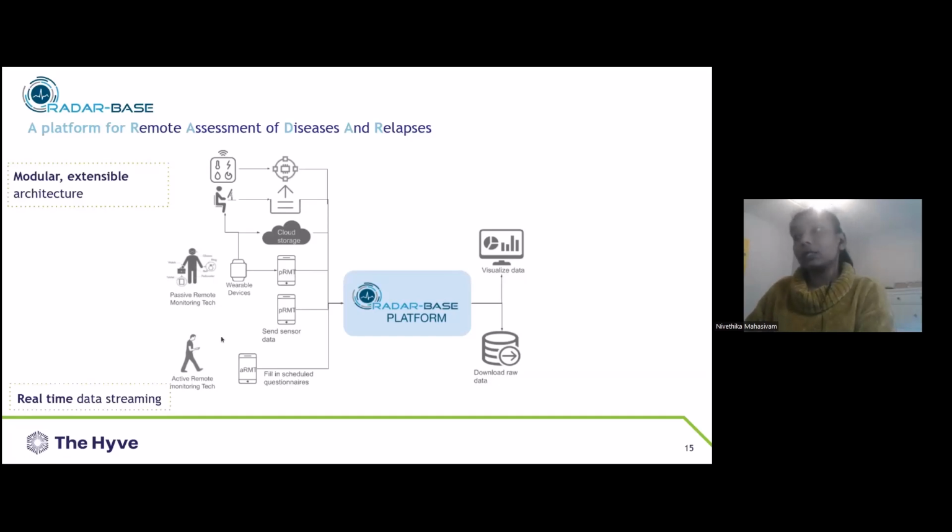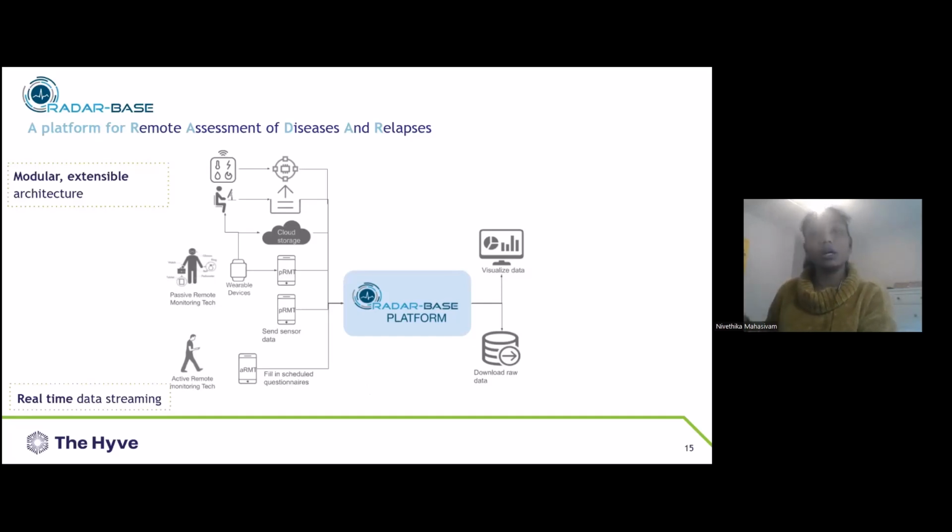And next to that, we can also do active remote monitoring. Active remote monitoring is when you want to have periodic data collection from the participants. This would include surveys, questionnaires, and electronic patient-reported outcomes. Electronic patient-reported outcomes are validated clinical outcome assessment tools, which have really validated questionnaires and scores underneath.